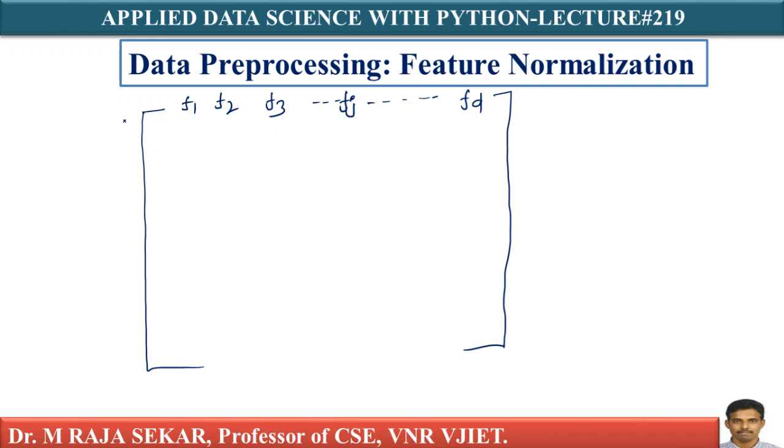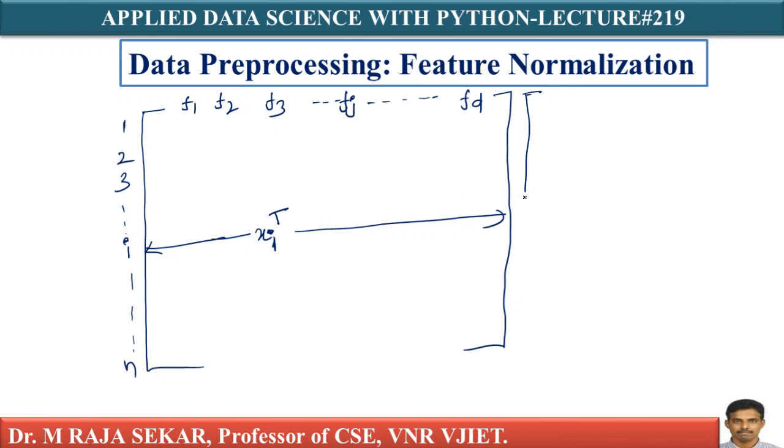How many data points do we have? 1, 2, 3, and so on. I have the ith data point, and my last data point is n. This is xi transpose, a row vector.